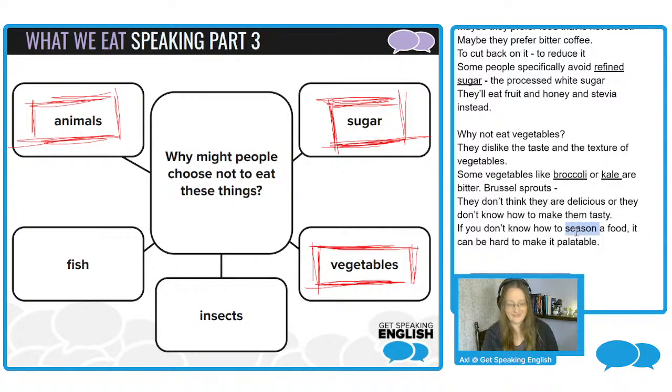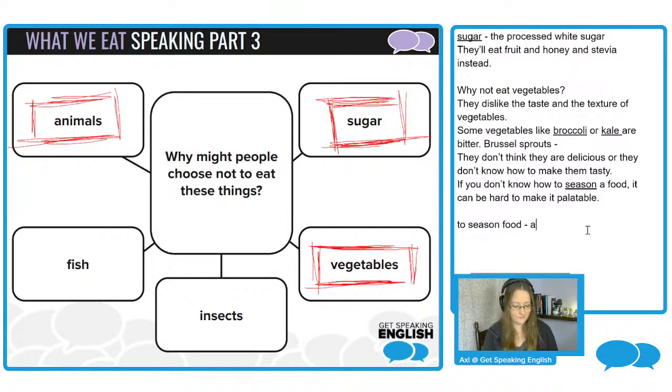So to season food means to add the seasonings, the salt, pepper, herbs, right?